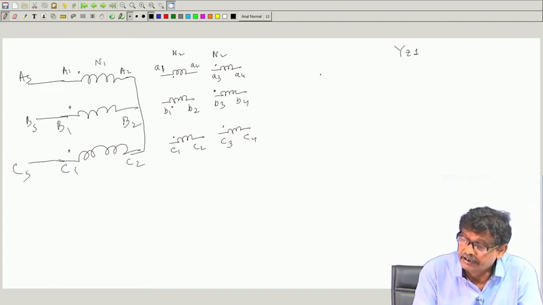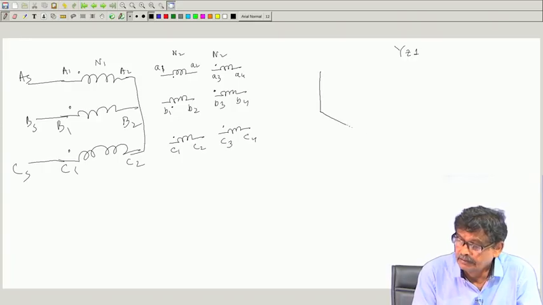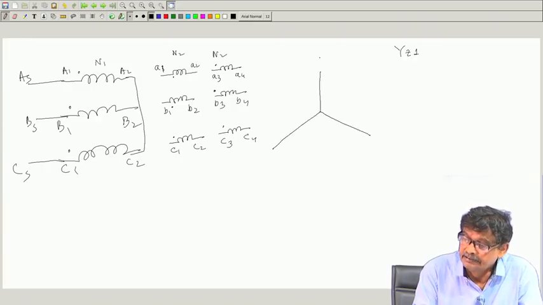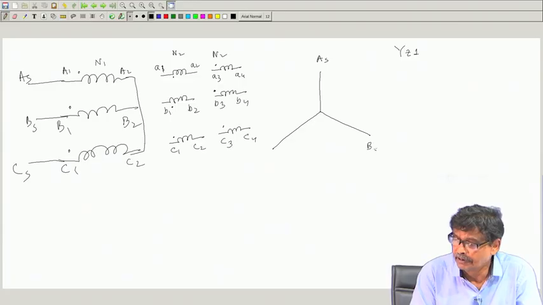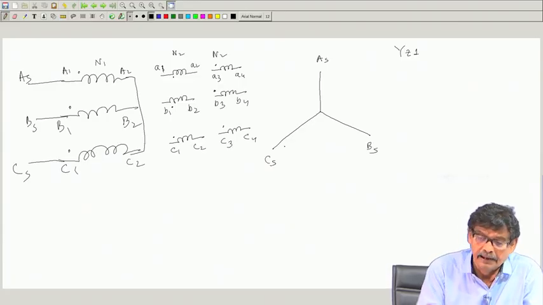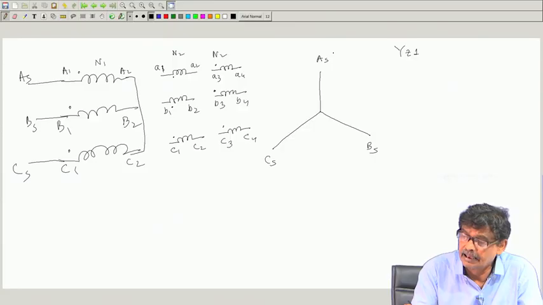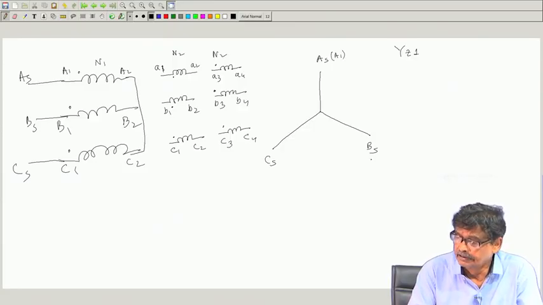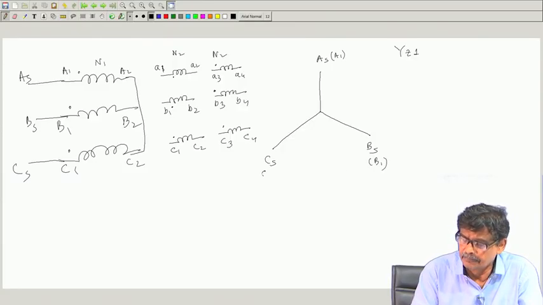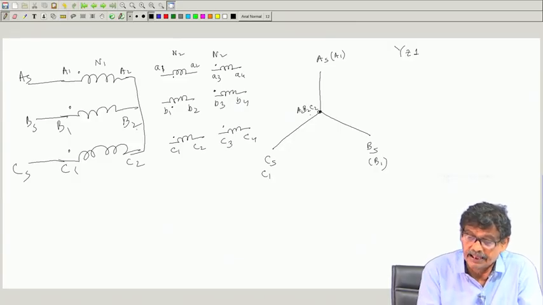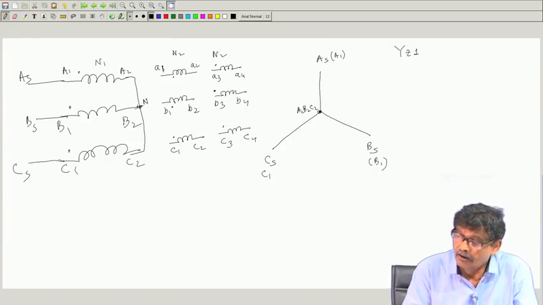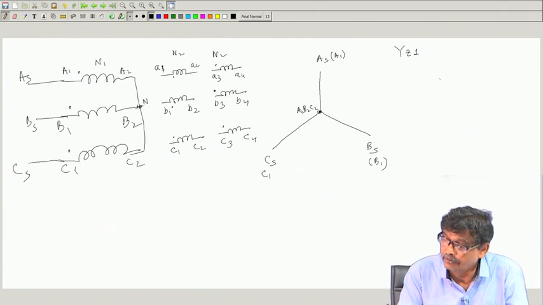And your primary phasor diagram will be very simple like this. This is suppose AS, BS, because supply voltage is balanced, CS, and AS means A1 only, this is B1 and this is C1, and these are A2, B2, C2. This is the neutral of the transformer, N. Now, on the secondary, you have got these voltages A1, A2 and A3, A4.